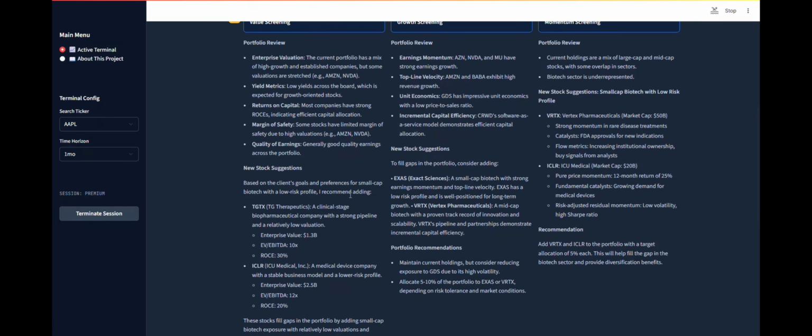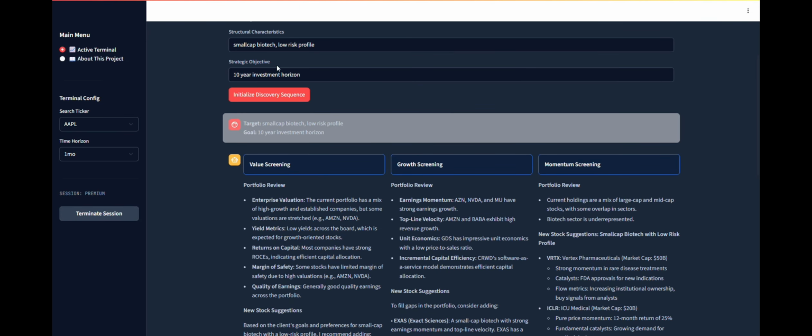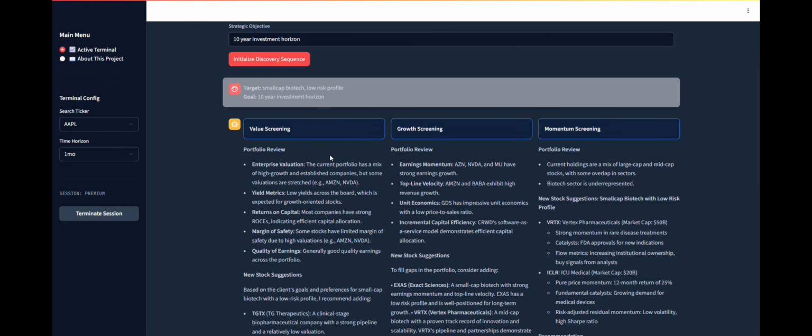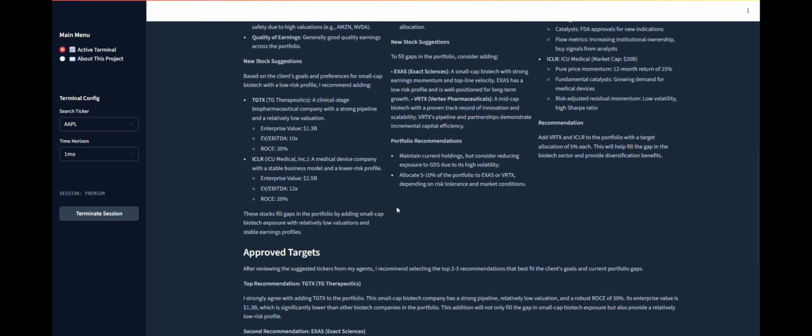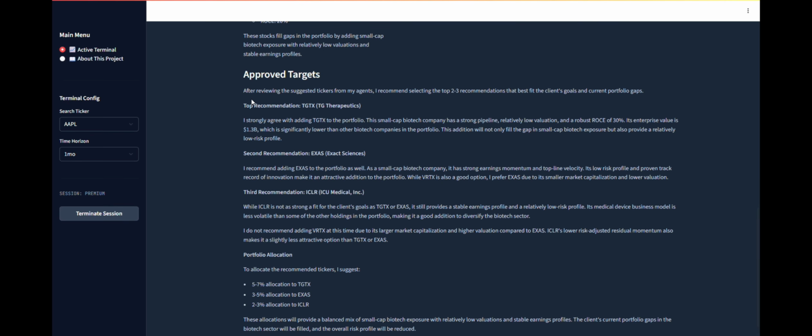As you can see here, because we have a low risk profile and a long investment time horizon, I would guess that the value screening and the growth screening will likely stand out more at the lead agent step. So yeah, it has suggested a couple of tickers: top recommendation, second recommendation, and third recommendation, and it has given its rationale.